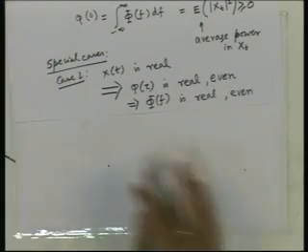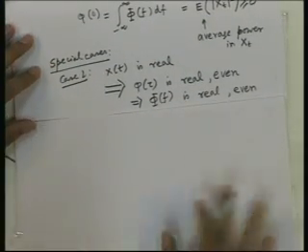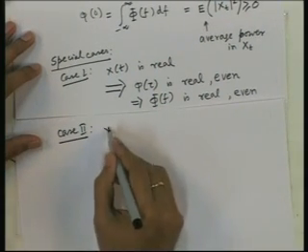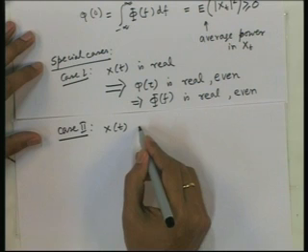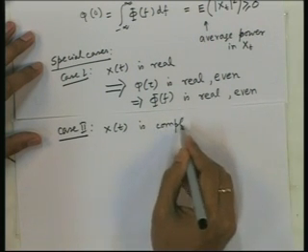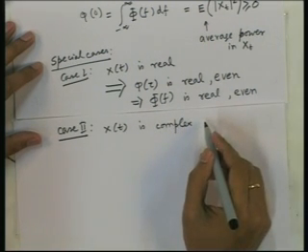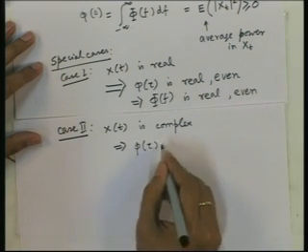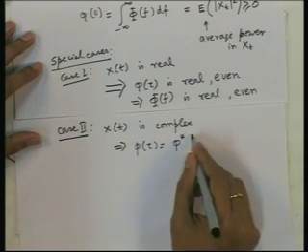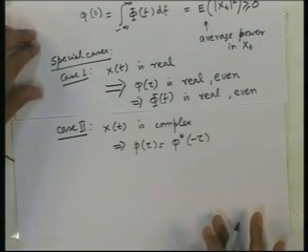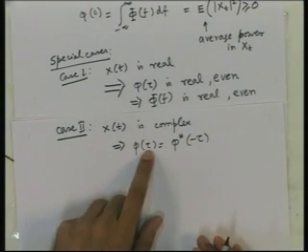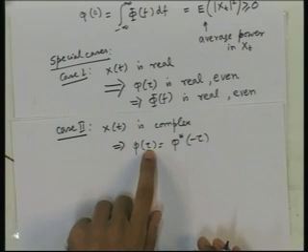The next special case is when xt is complex. Then phi tau will be phi conjugate of minus tau. It is because of the way phi tau is defined. Phi tau is defined to be the expectation of x t plus tau times x t conjugate.